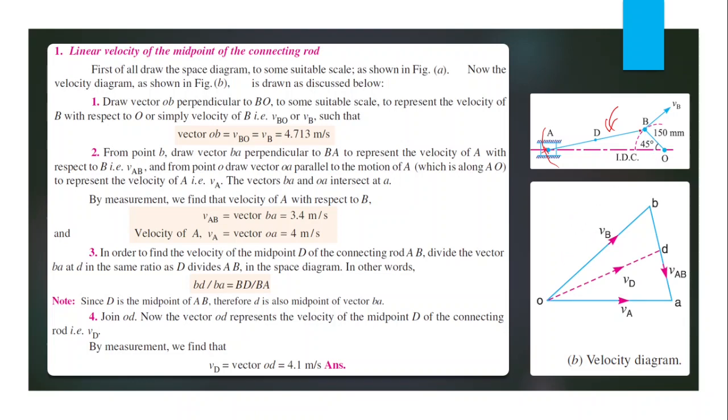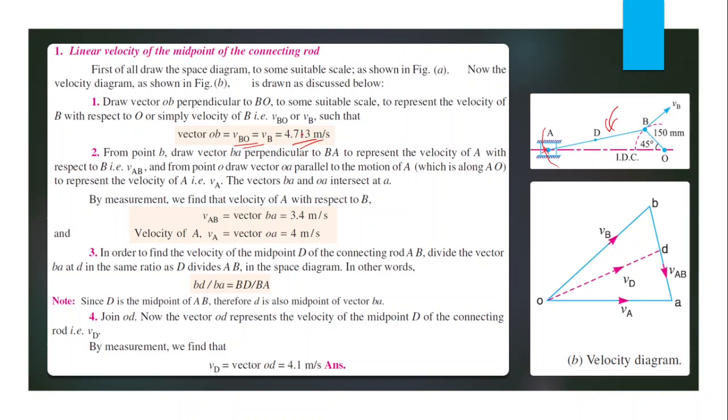Okay, first we have already calculated the velocity of B with respect to O. That velocity VBO is equal to the absolute velocity of B, because that point O is the pivot point, and that is at rest. So we can say that VBO is equal to VB. That's equal to 4.713 meter per second. We have already calculated this value.